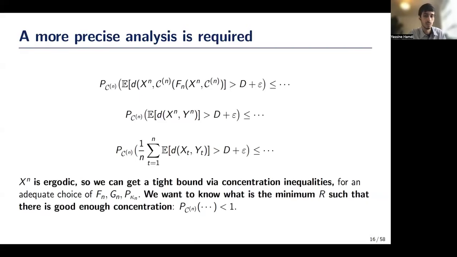If you want a simple bound, it will usually be very simple when you have a sum of i.i.d variables. For example, there's Hoeffding's inequality. Anyway, it's not very important, but I just want to tell you that this is what I have to sweat on. This is the difficult part: okay, I need to prove some upper bound like this.